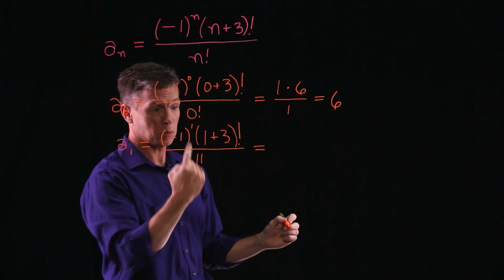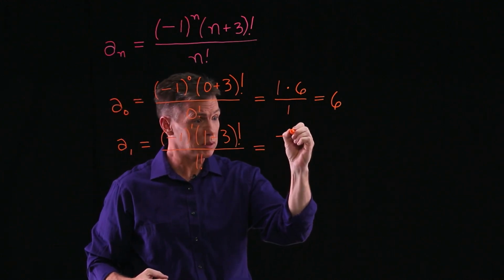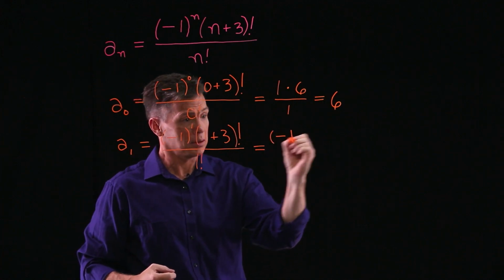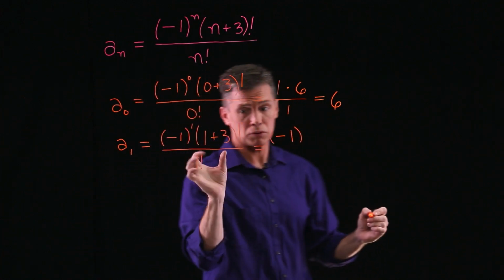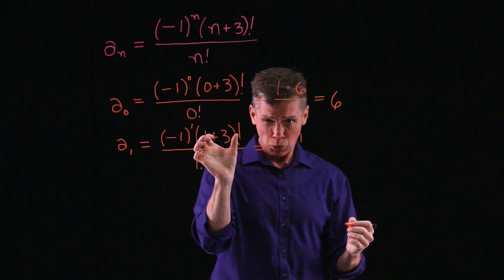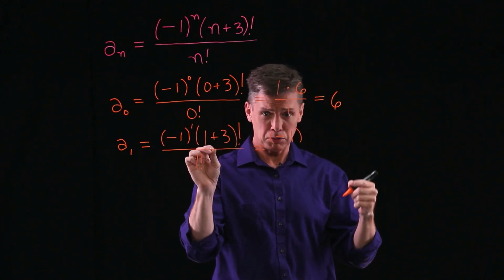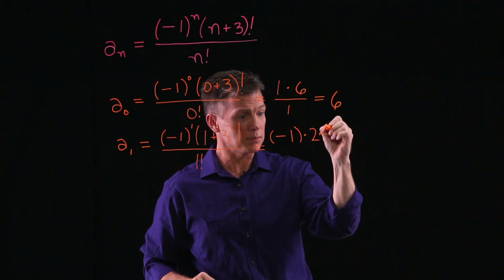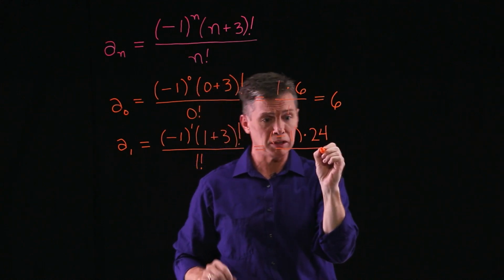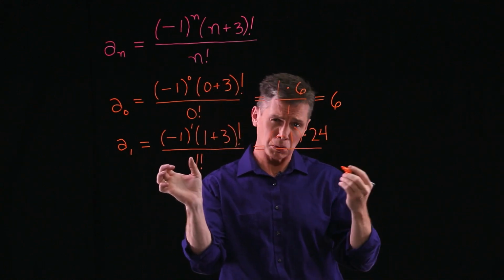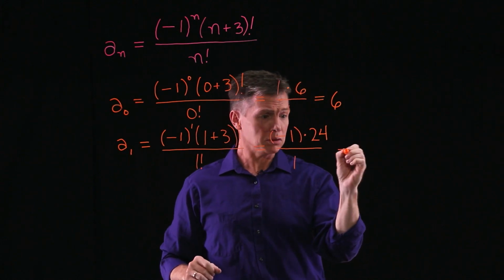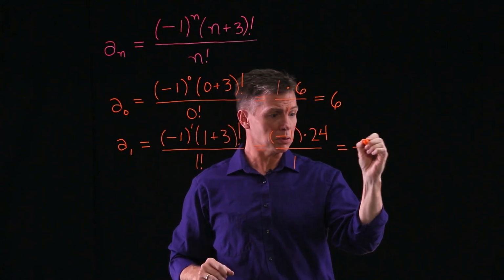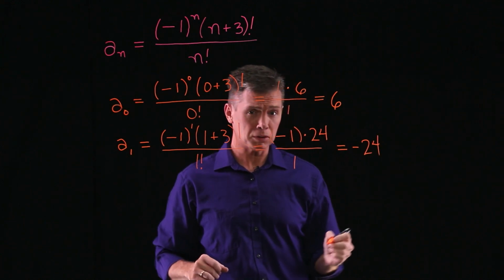So negative 1 to the 1 power will give me a minus. 1 plus 3, 4 factorial. 4 times 3 times 2 times 1. That's going to give me 24. And even the denominator, I should address it, just 1 factorial, that's 1. So I'm getting a negative 24 for my second term.